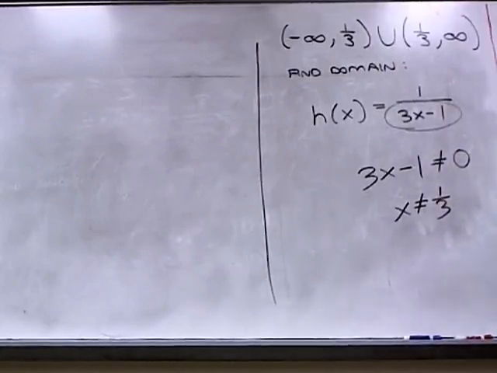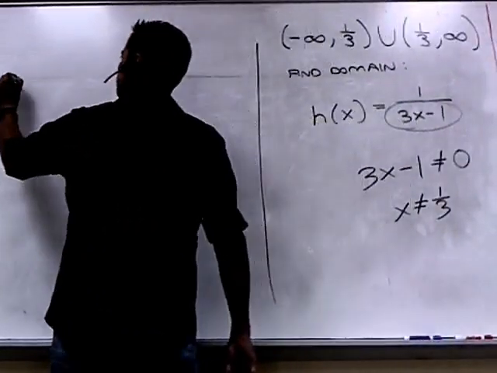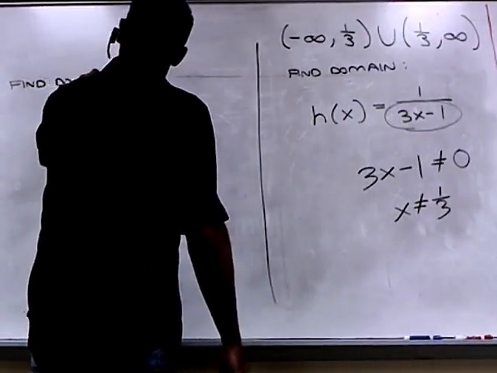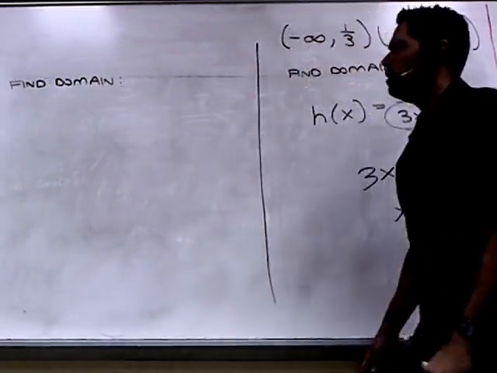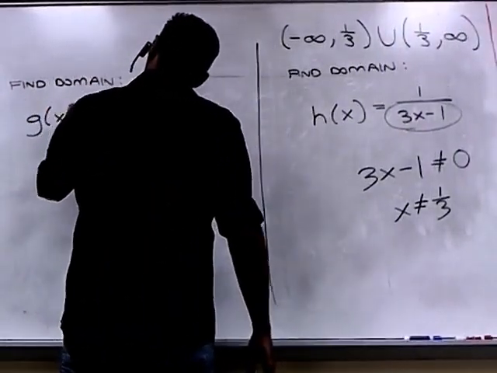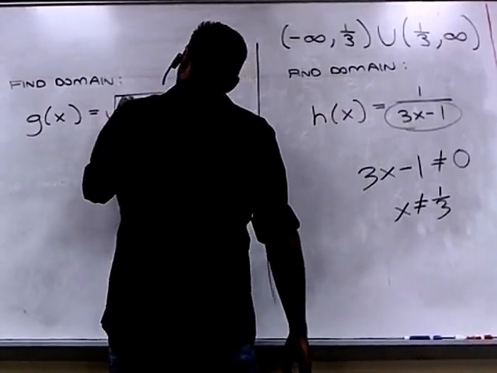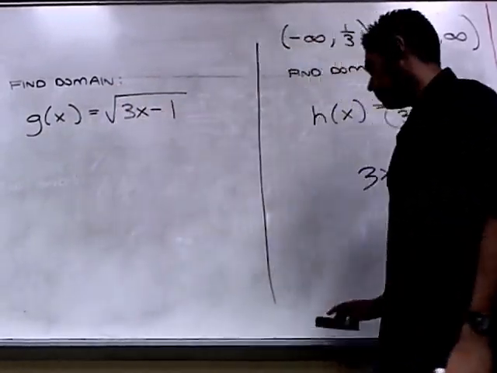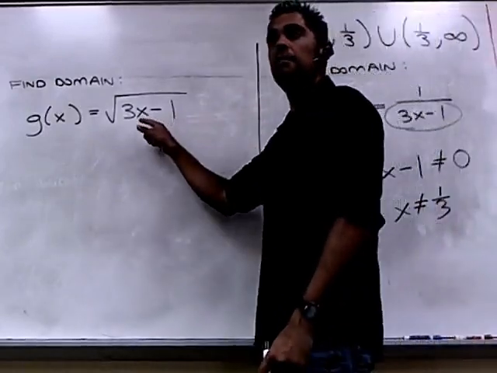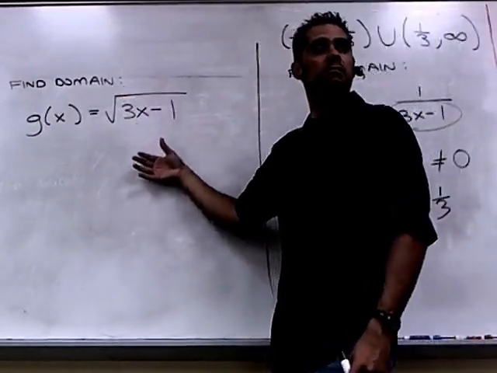One more slight variation, new problem. Find the domain. Let's use g of x equals square root of 3x minus 1. So we had this earlier, but it was down in the denominator.